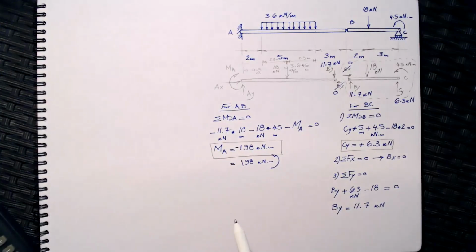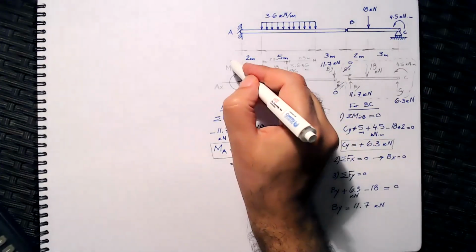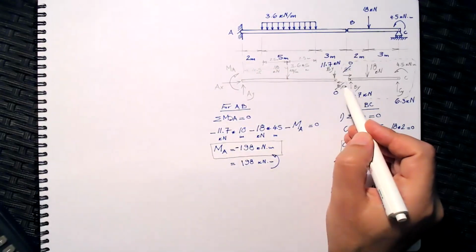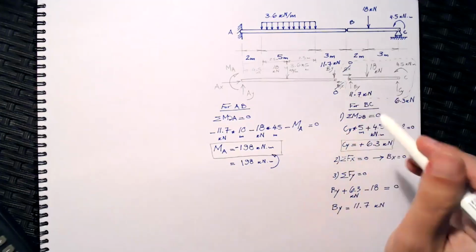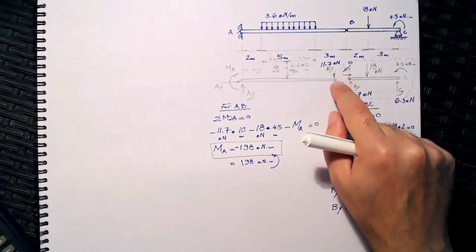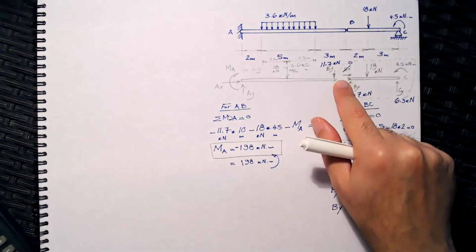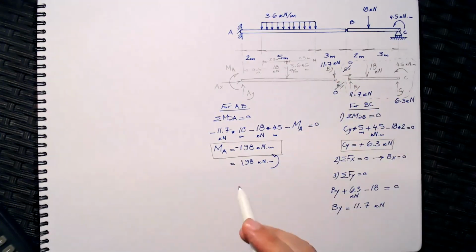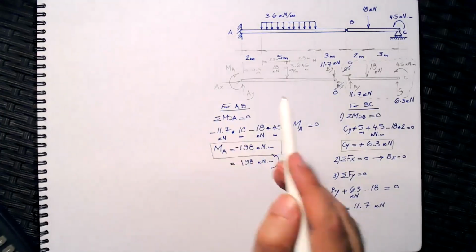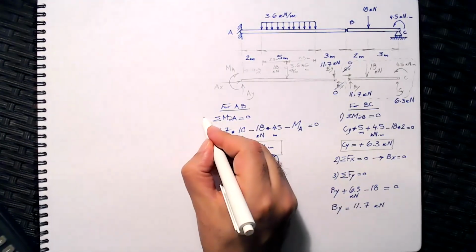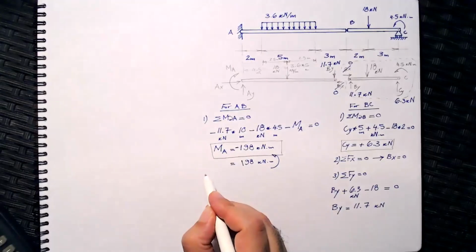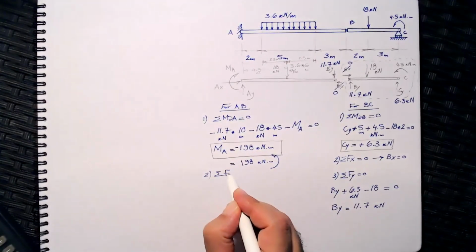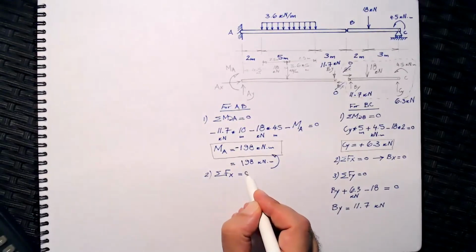From here, we figured out the moment, we figured out the reactions By and Bx, which are, by the way, the internal forces at the pin. So we satisfied that part of the question. We calculated Cy. The only thing missing is Ax and Ay. So if this was equilibrium equation 1, I will take equilibrium equation 2 as the summation of forces in X has to equal 0.